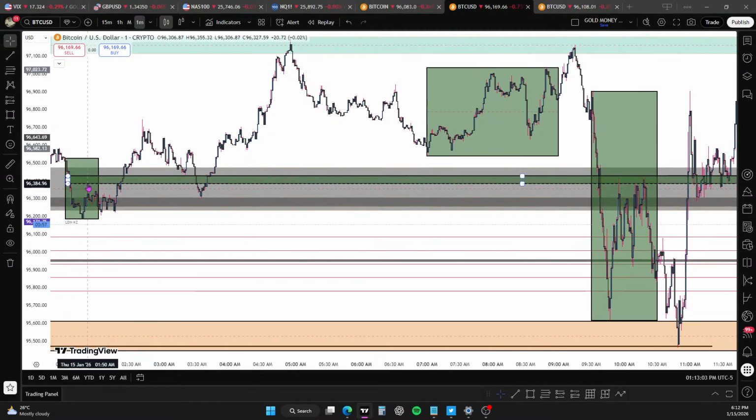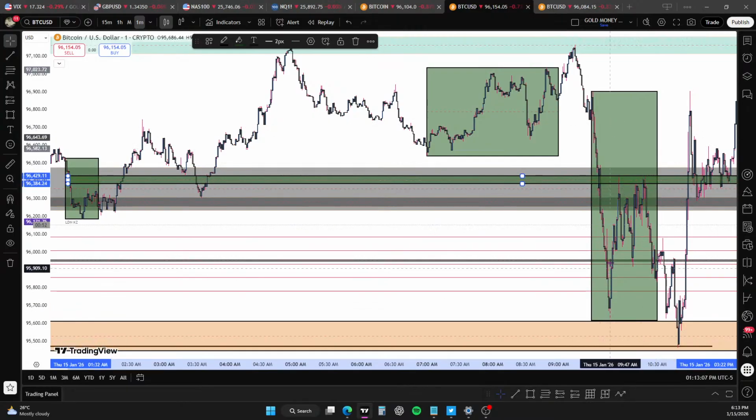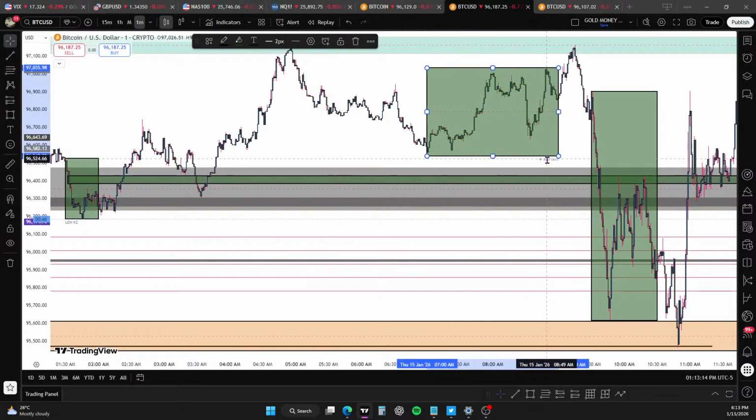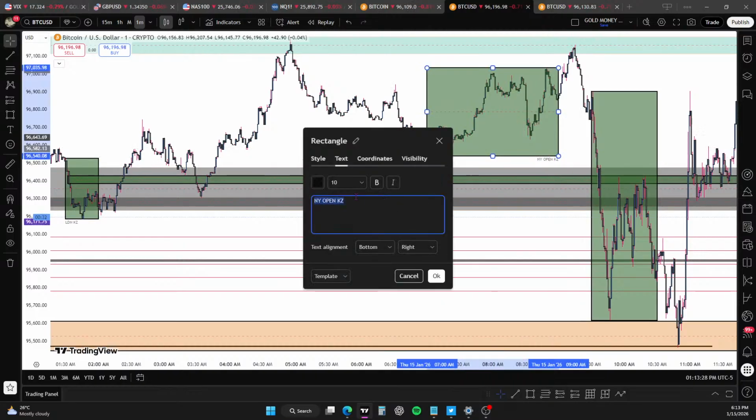So the first presented fair value gap I use for the London kill zone, and also for this, but with the lunch, sorry, this isn't labeled. One second. With the New York open kill zone for Thursday, which is today.